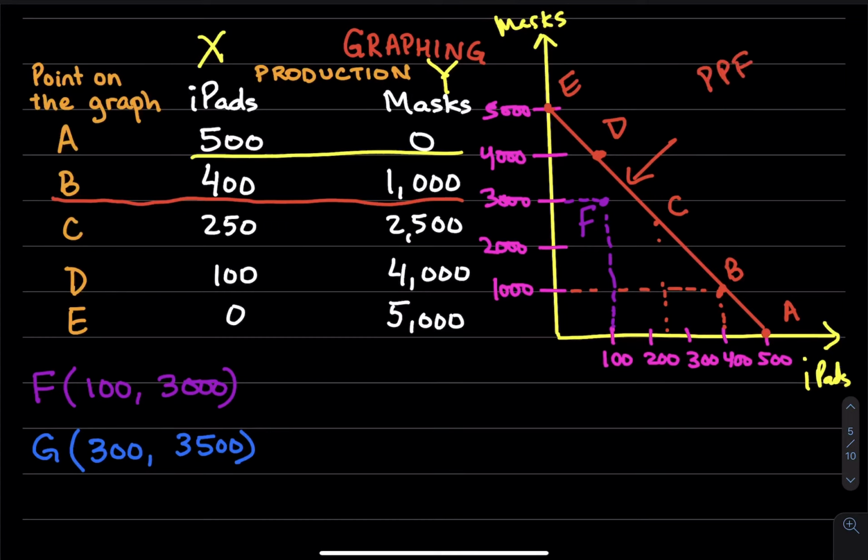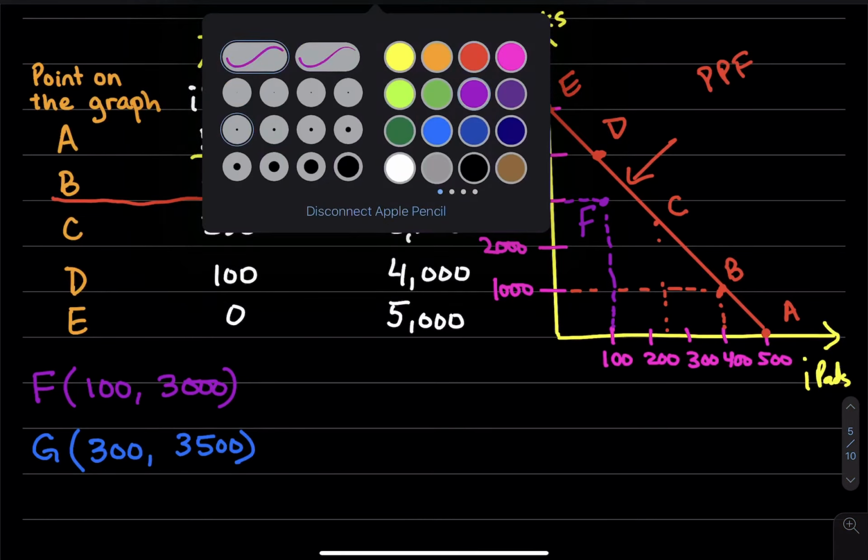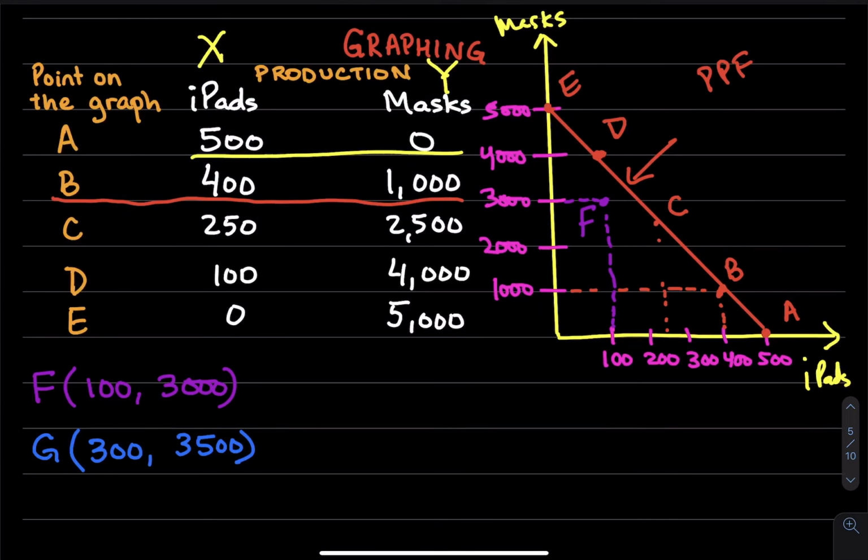But if we are operating at a point like F, we know that we are not utilizing all of the 50,000 labor hours. Of course, any point in this triangle that you see, anywhere here, is possible because it's going to utilize fewer hours than 50,000, but it is not going to be efficient.